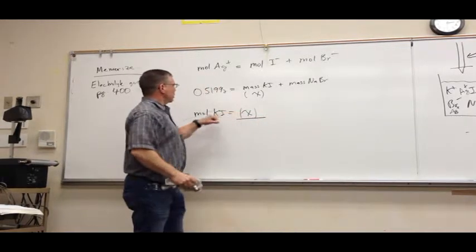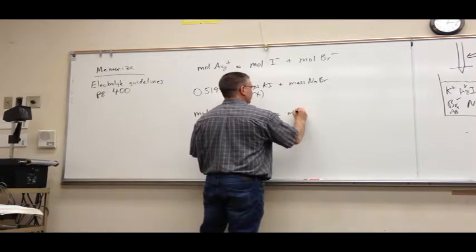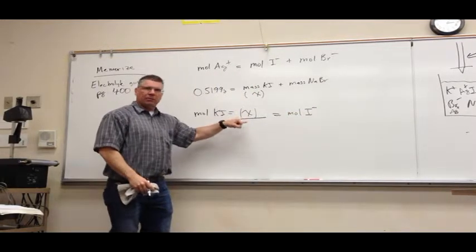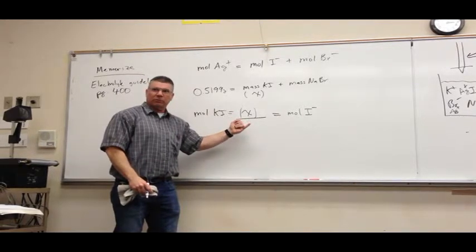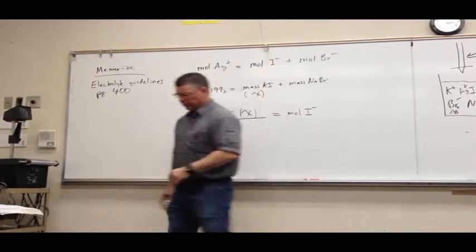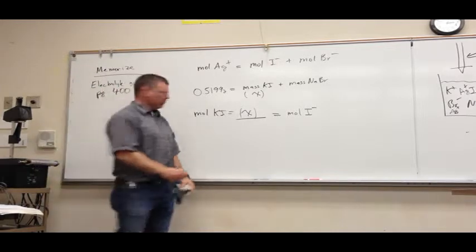It's just going to be the moles of potassium iodide, which is equal to the moles of iodide. That is just equal to the mass of potassium iodide divided by its molar mass. Grams over grams per mole is moles. You guys buy that part? Let's see, 166.00277.